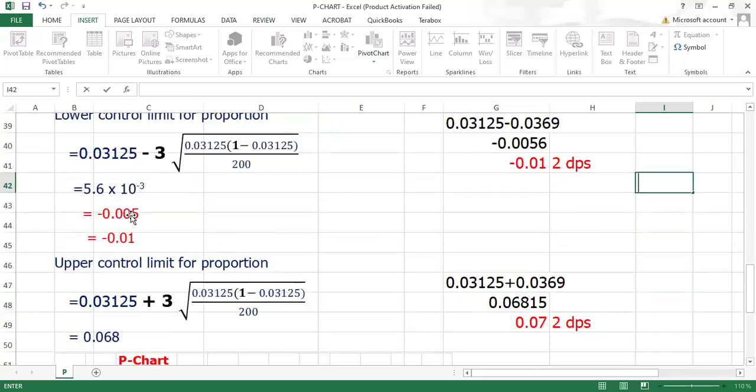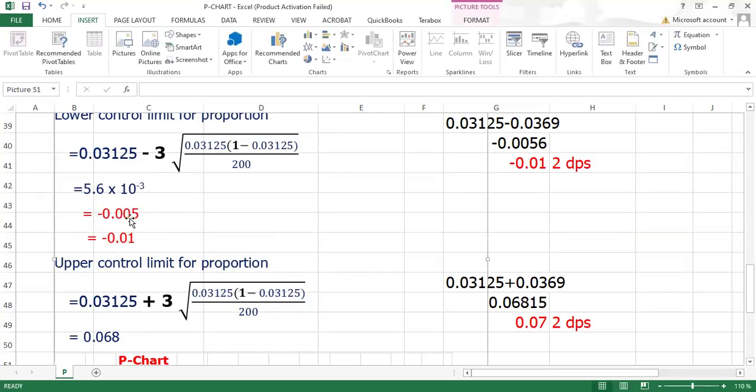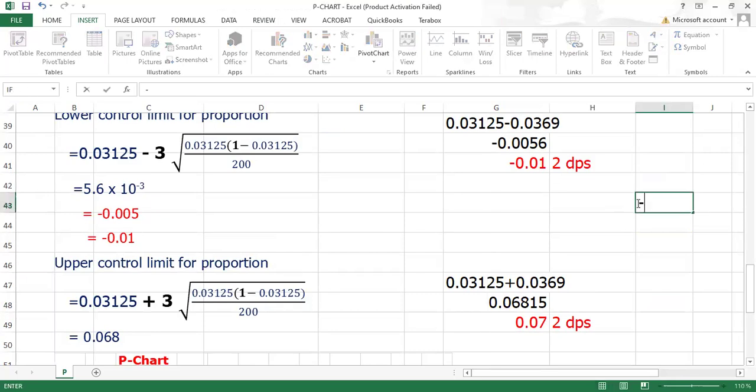So that's why I have this. So you can say negative 0.000056, or you can say negative 0.0056, which is also okay.